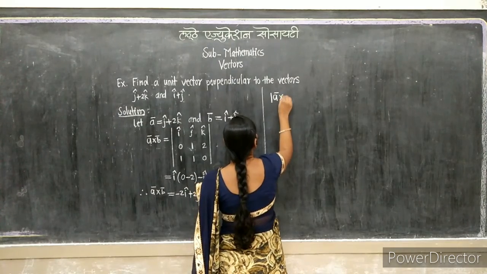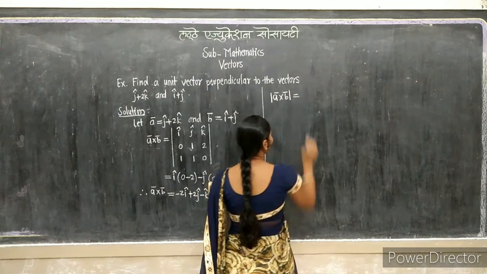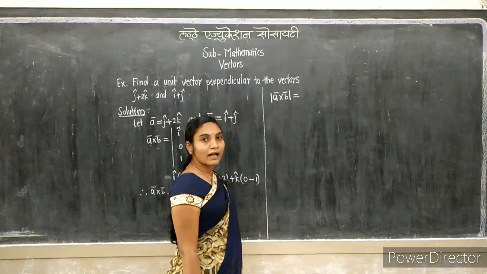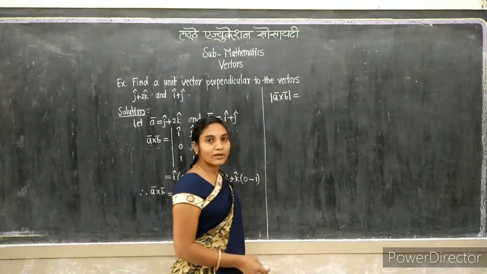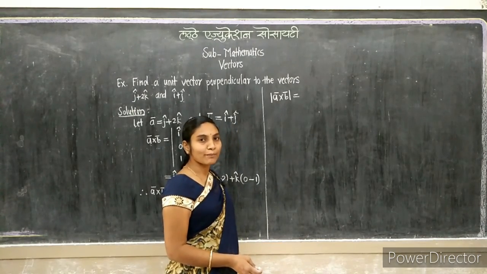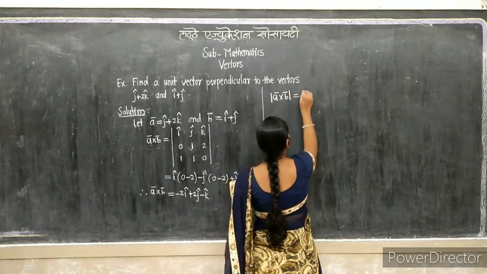Magnitude of a bar cross b bar is equal to under root component of i square plus component of j square plus component of k square.